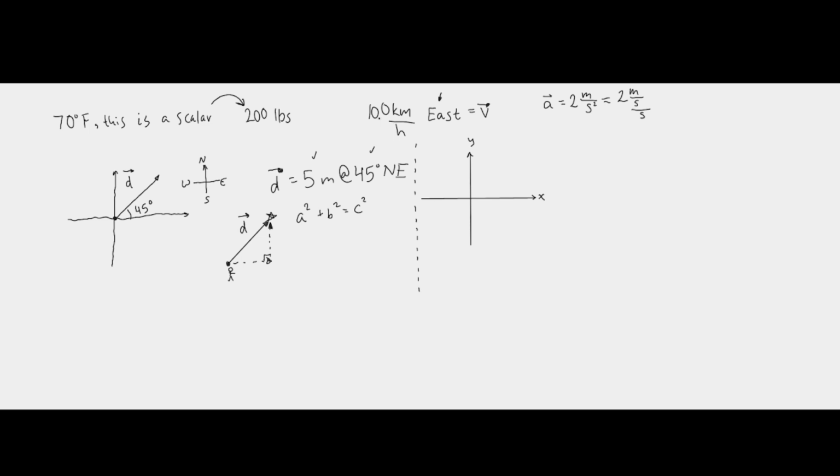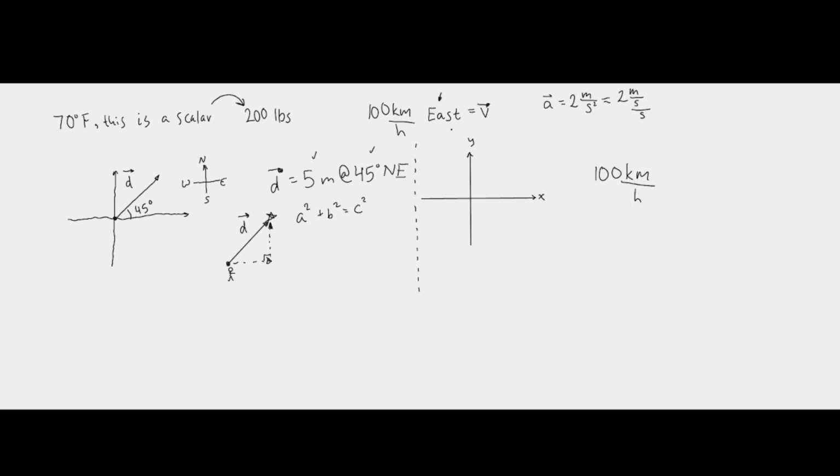In other words, if I look back up here at my example at 100 kilometers per hour east, right? If I take the 100 kilometers per hour, this is a scalar at this point because it has not been attached to a direction. Okay, so we have to remember again that scalars, they don't have a direction.